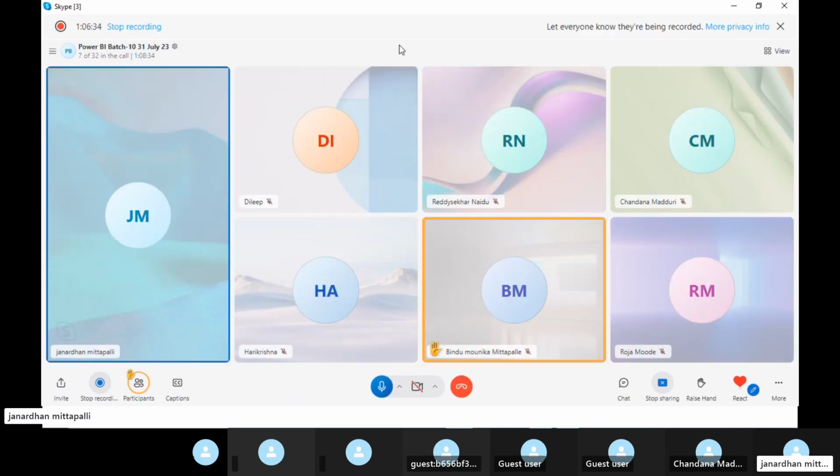Any doubts, please ask. Hello. Yes, Bindu. So there is a method called agile method, right? Yeah, it's similar to the agile method. So what is the difference between SDLC and agile method?